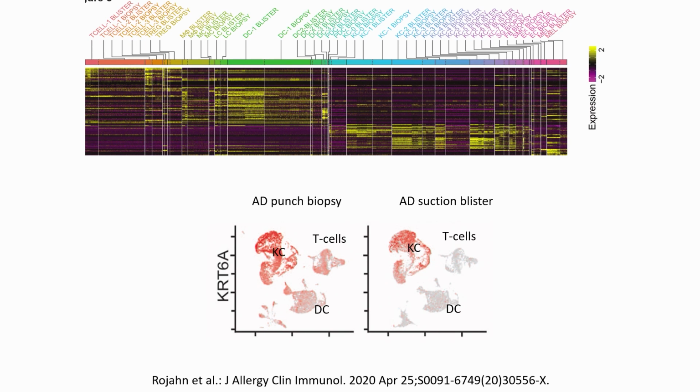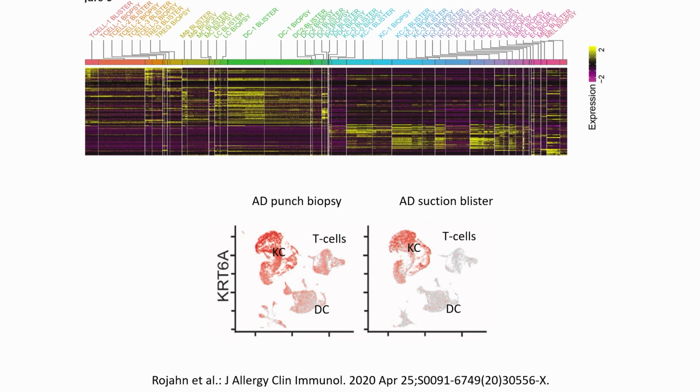And when you look at keratin 6A, for example, this is a molecule that should actually be only present in keratinocytes. So we are pretty confident that they're only present in keratinocytes, right? So when you compare an analysis from a punch biopsy with the suction blister approach, you see that there are nuanced differences. When we look at keratin 6A, red is upregulation, and the signal is primarily within keratinocytes here and here.